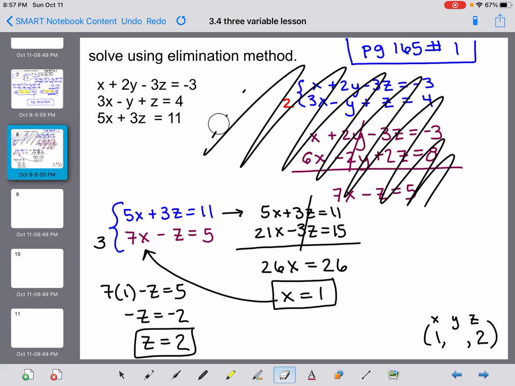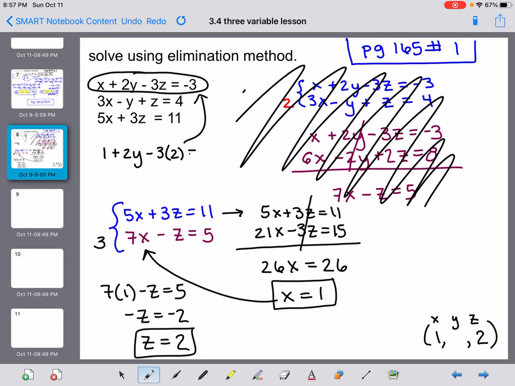I can't use that third equation. So either use the first or the second. And I would plug in those numbers to there. So 1 plus 2y minus 3 times 2 equals negative 3. So this becomes 2y minus 5 equals negative 3. So y equals 1. Final answer.